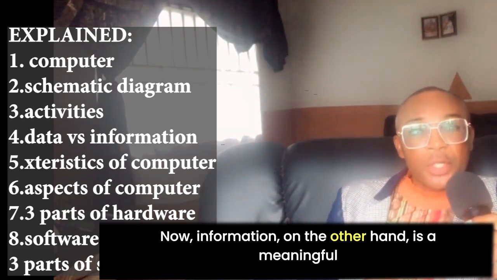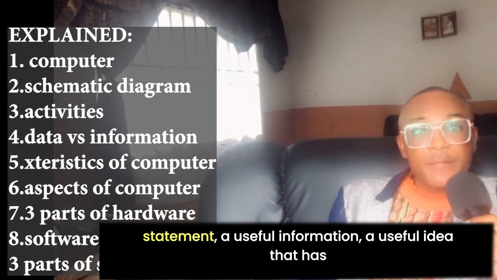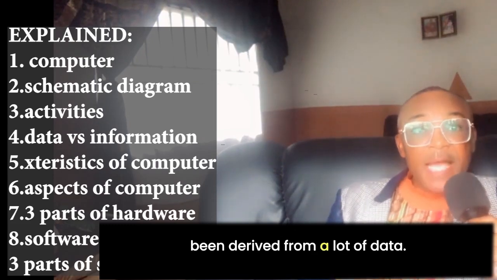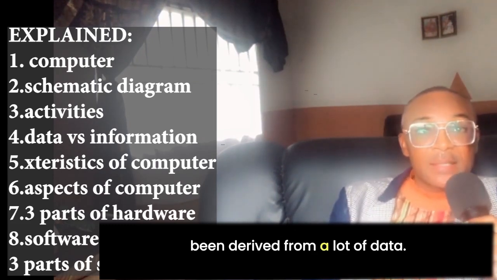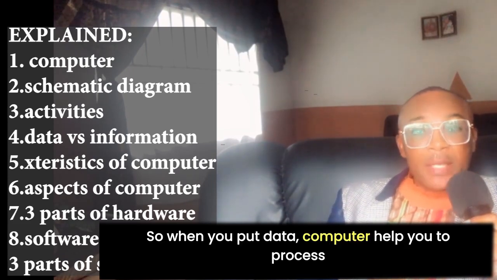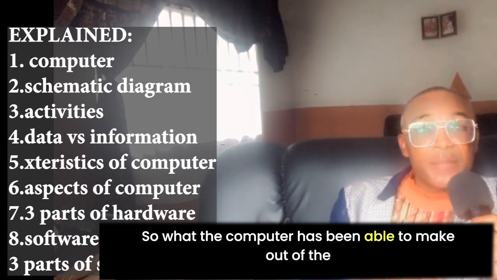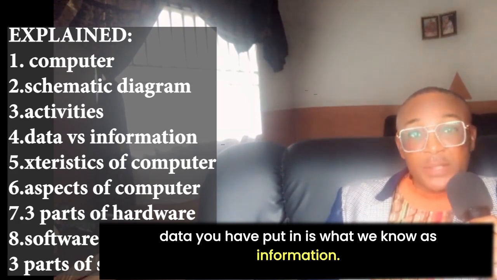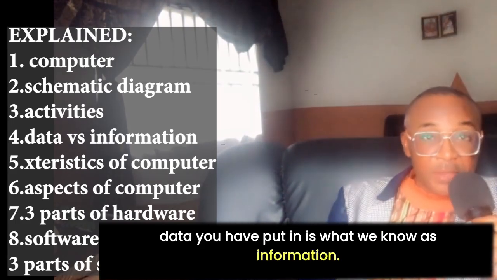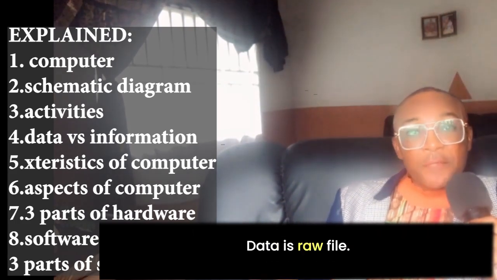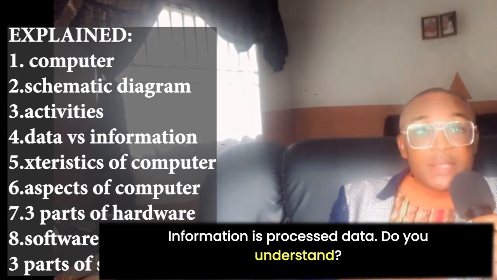Now, information on the other hand is a meaningful statement, a useful idea that has been derived from a lot of data. Do you understand me? So when you put in data, the computer helps you to process the data to make meaning out of it. What the computer has been able to make out of the data you have put in is what we know as information. So data is raw file, information is processed data.